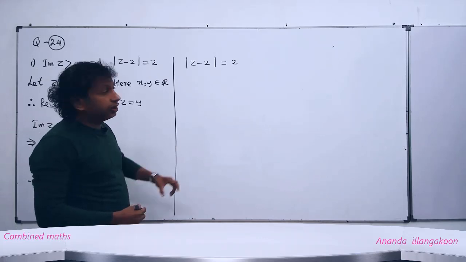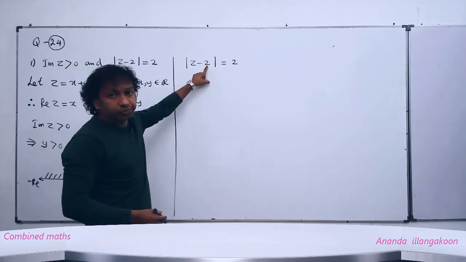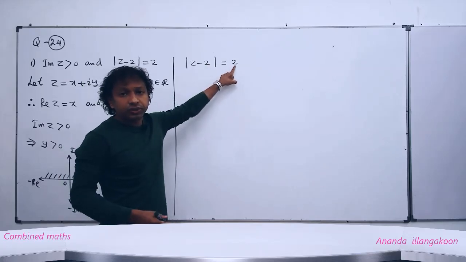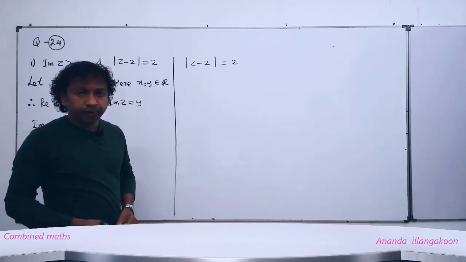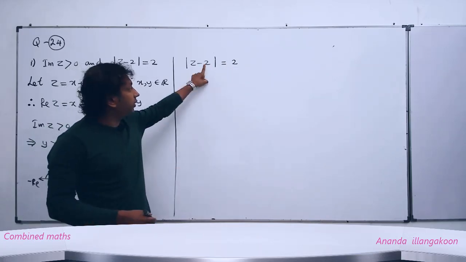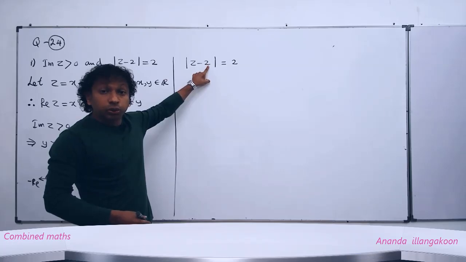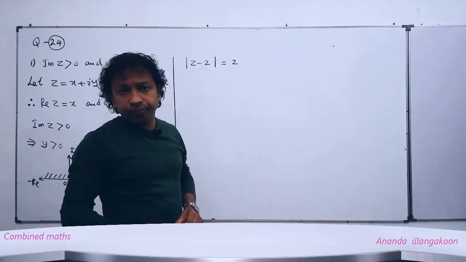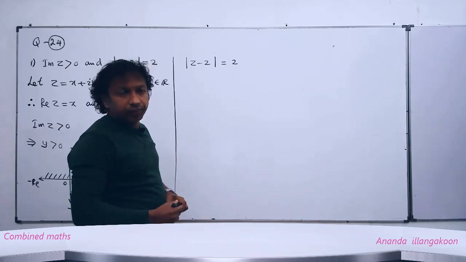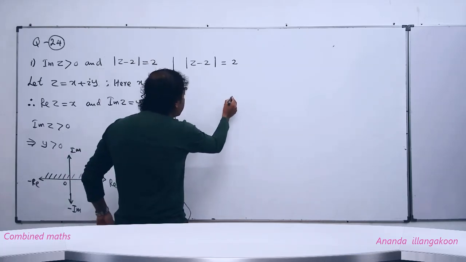The center is at the complex number 2, which is purely real, on the positive real axis at the value 2. The radius is 2. Therefore, that circle should be this.